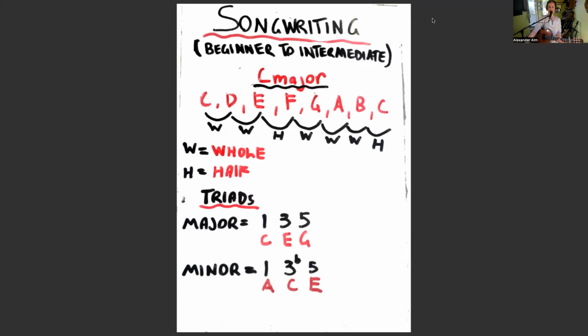Now, you can actually see that if I was to play on the guitar, I'll show you. So C major scale, right? If that's C right there, the first interval is whole, and a whole is 2 semitones.